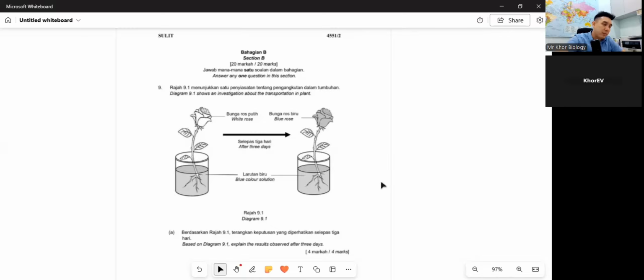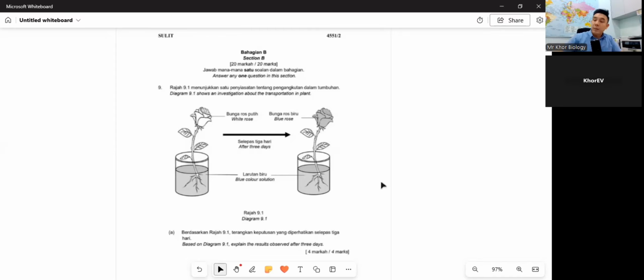The results obtained is whereby a white color rose became blue because of the blue solution. I'm not too sure whether that's possible. You might want to try out, or maybe I might want to try out one day if I have a rose.